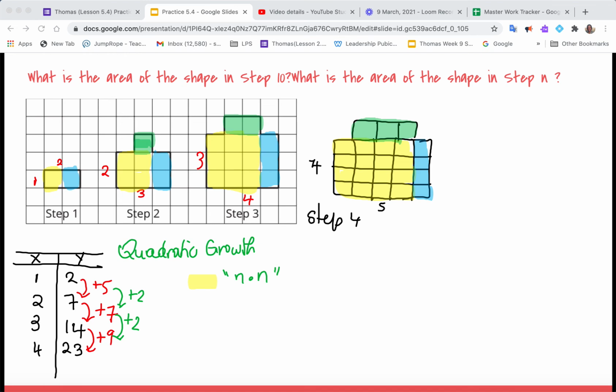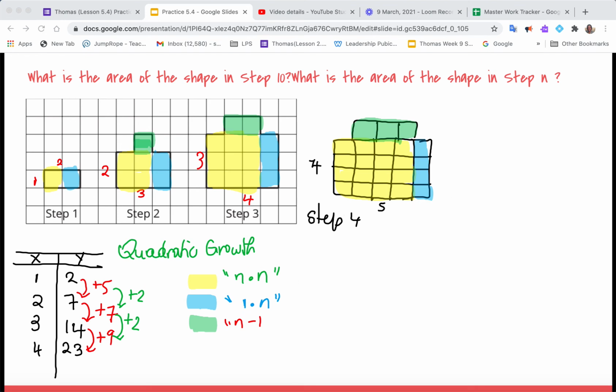My blue area is actually just 1 times n. And my green area is n minus 1 times n. And then together, that will give us our expression.